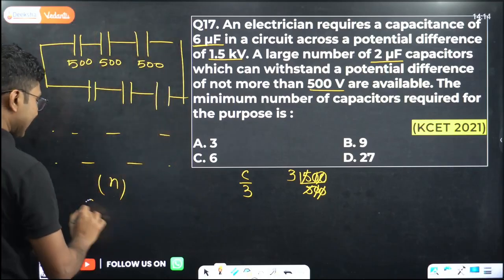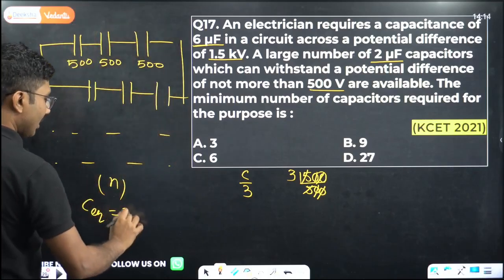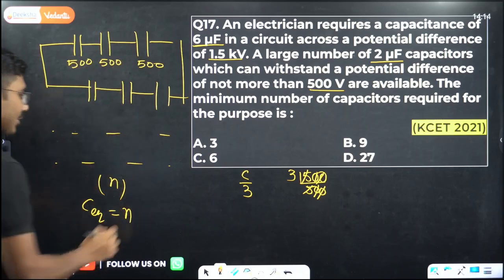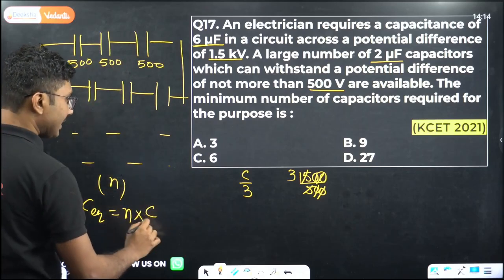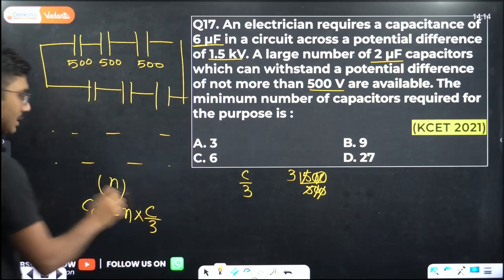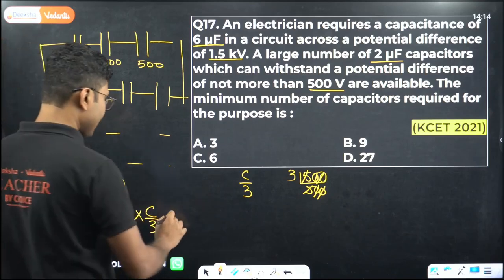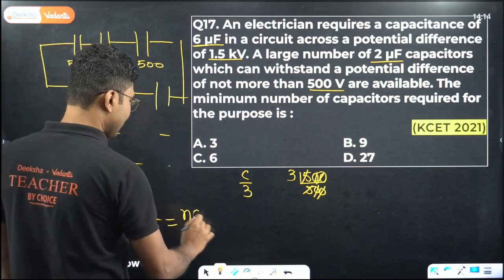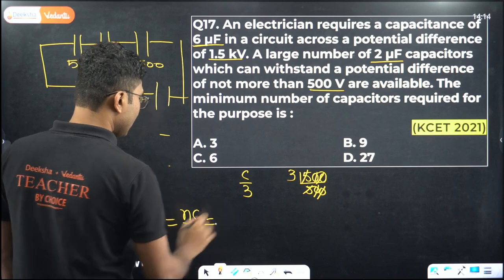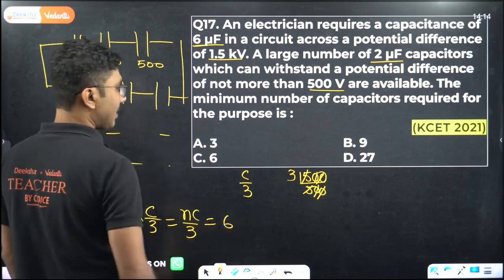The total capacitance in this case will be the total number of such combinations into the capacitance of one single combination, so it will be NC by 3. That is actually 6 microfarad.